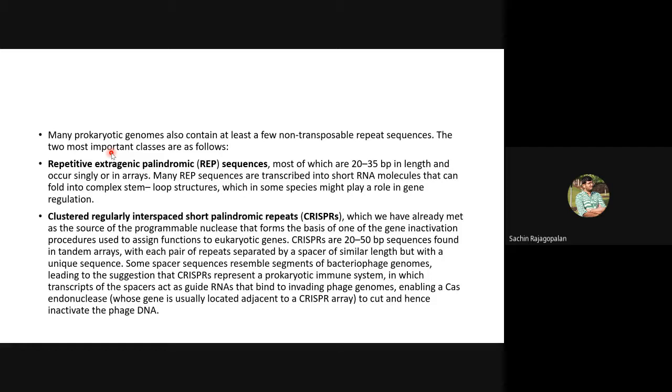So CRISPRs have evolved in order to defeat the infection process of the bacteriophage. These are 20 to 50 base pair sequences, again found in tandem arrays. These repeats may be separated by spacer sequences of similar length and a unique sequence. These spacer sequences which separate the repeats may resemble segments of the bacteriophage genome. They may look very similar to a bacteriophage genome.